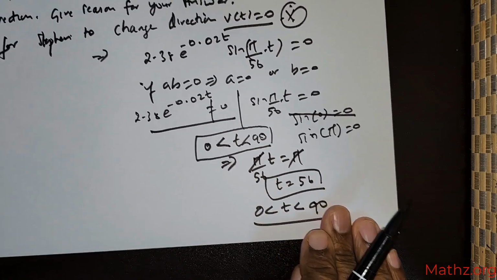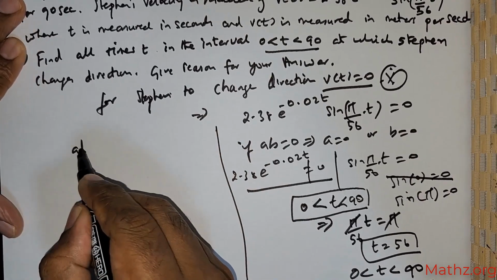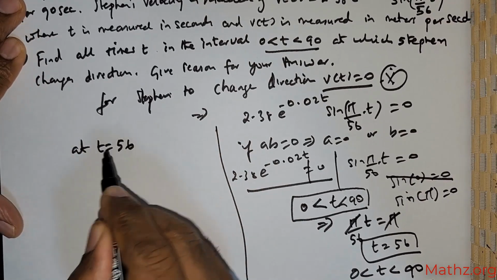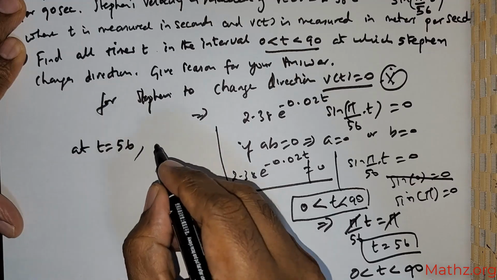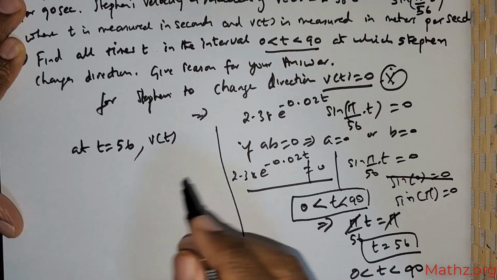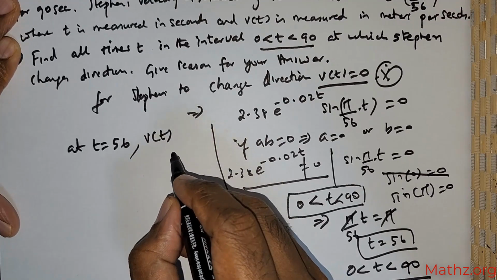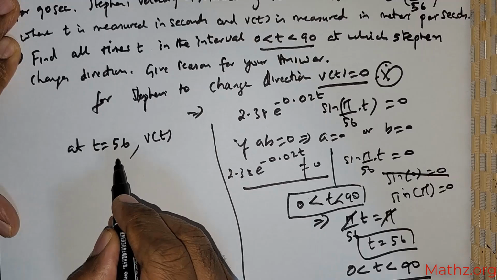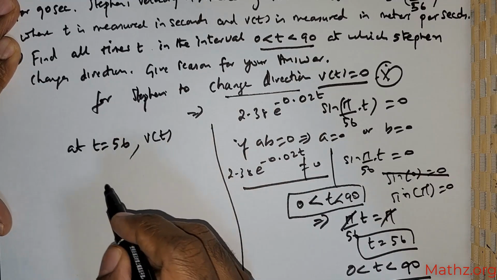Okay, so what is the meaning of this? This means at t is equal to 56, that is the point where v of t actually is changing its sign. So t is equal to 56 is the point where there is a change of direction.